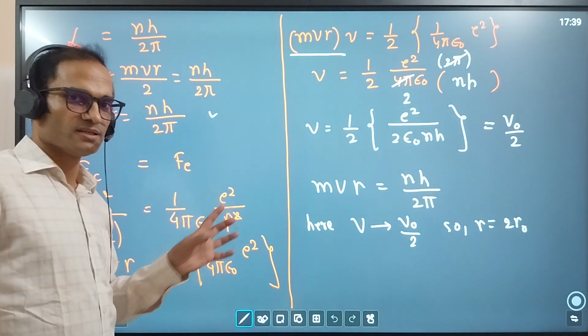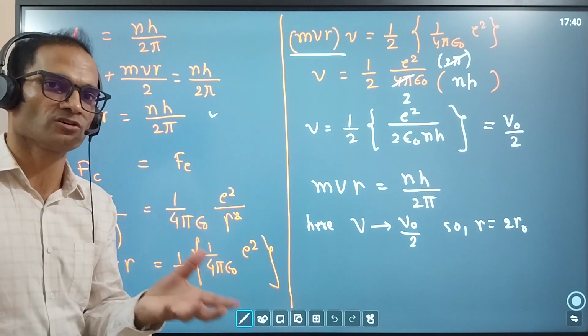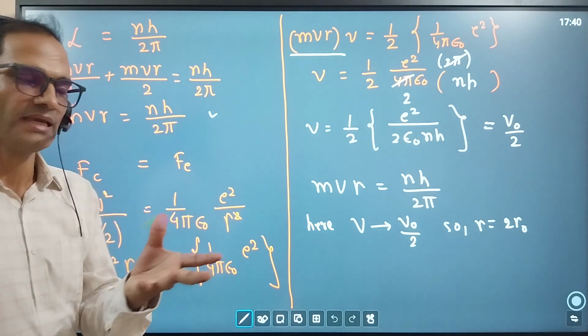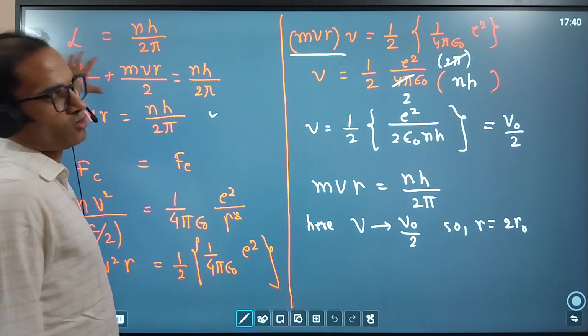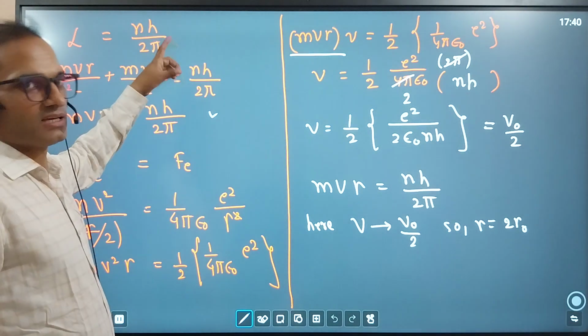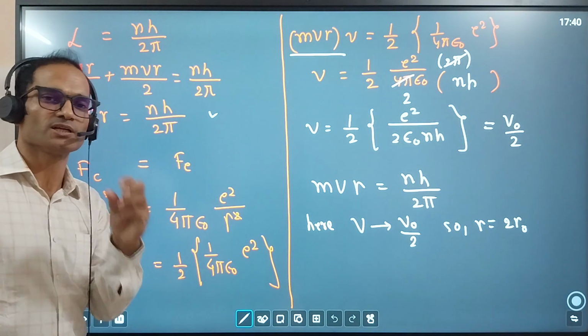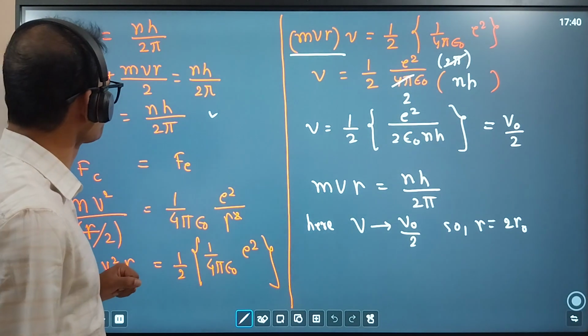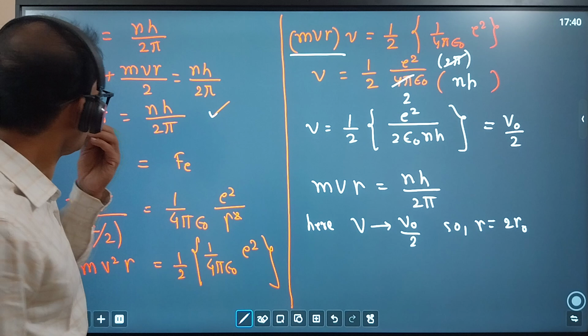Here electron is also orbiting, and the positron is also orbiting. We are taking the sum of angular momenta of both things, and in the Bohr's orbit, we have taken the angular momentum of electron only. So because of that, answer may be different.